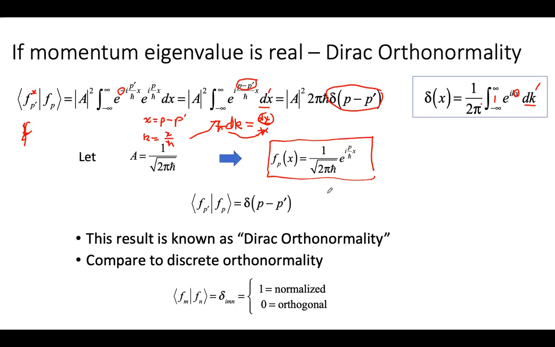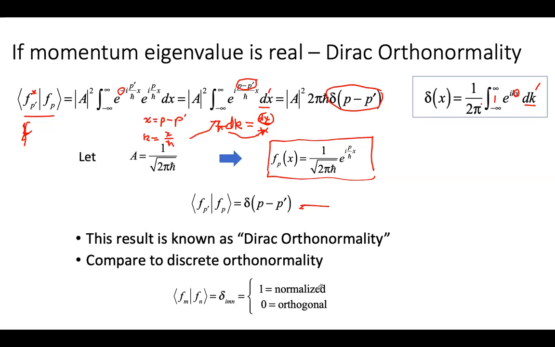It kind of did, as long as I accept the fact that the inner product of two states, p and p prime, is this Dirac delta function of the difference between the momentum of the two states. And so we refer to this as Dirac orthonormality. It's not exactly the kind of orthonormality that we had for discrete eigenvalues, but it works.